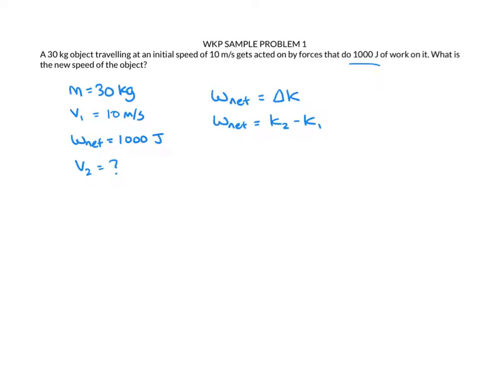As my goal is to find the final speed, it would be useful to isolate the final kinetic energy. So that's simply adding K1 to both sides. The final kinetic energy will equal the starting kinetic energy plus the net work done on the object.